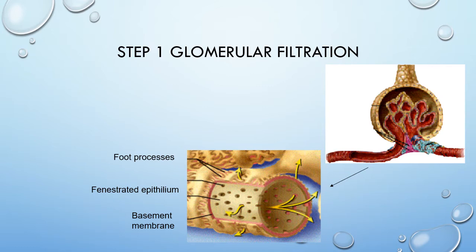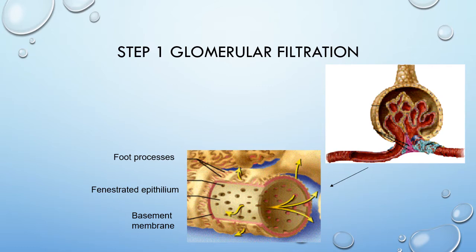So the glomerulus acts as a filter. It's non-selective, which means what's going to be processed through it isn't specific. It's a passive process in which fluid passes from the blood into Bowman's capsule.